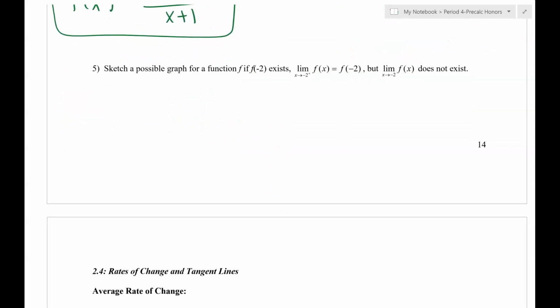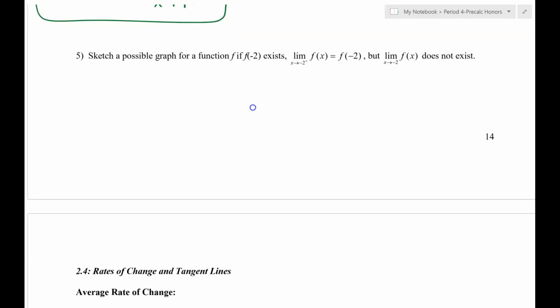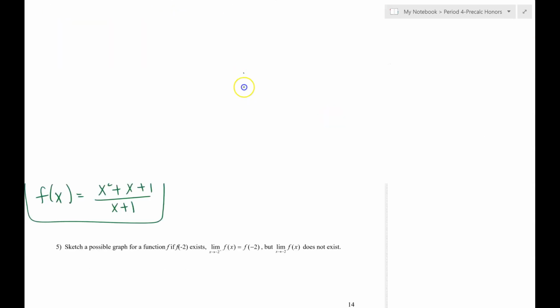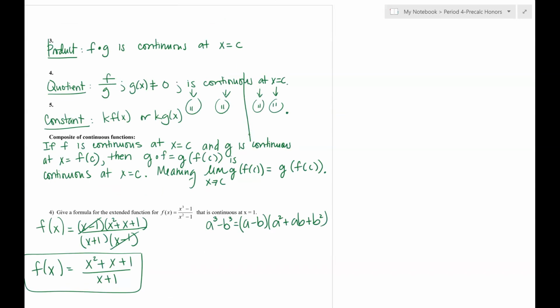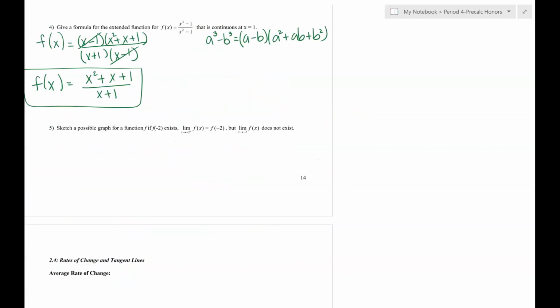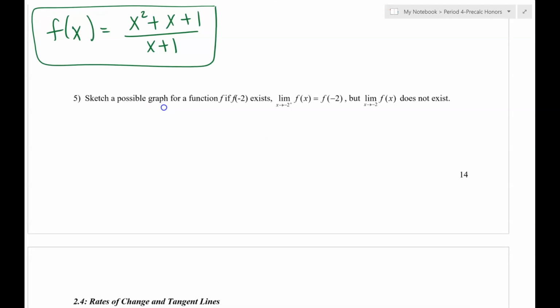Last example. You guys saw this already from homework 6 or a similar one, not identical. You were asked to sketch out one function that fits the given criteria. Your function has to have f of -2 must exist.